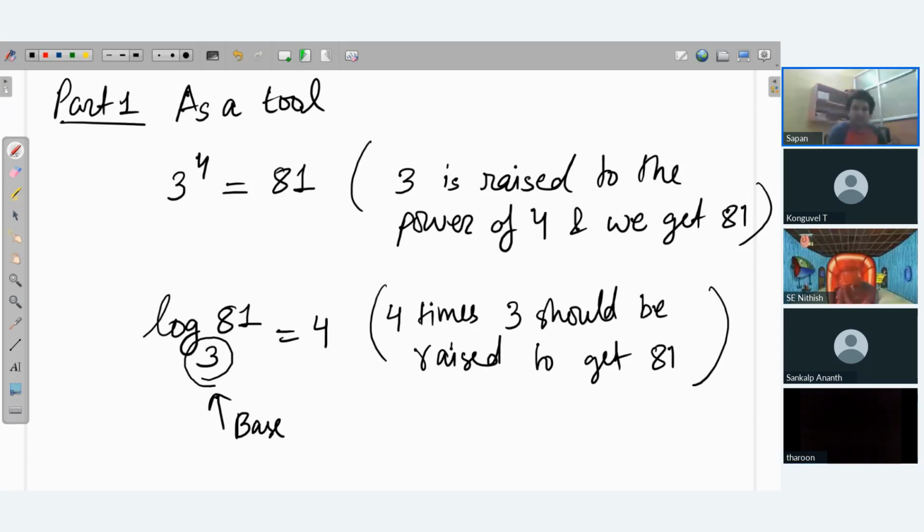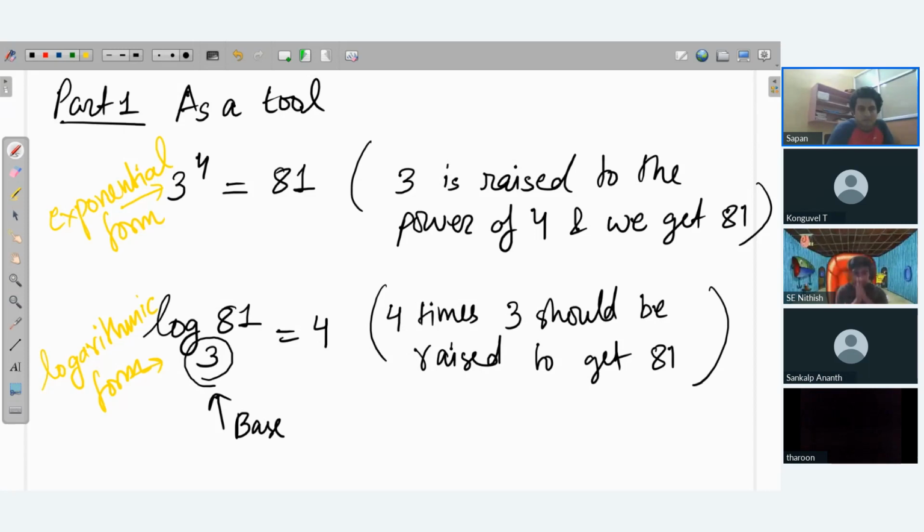So this log is nothing but a different way of writing the same thing. There are advantages to doing this, which we will see accordingly. This form is called exponential form, because there are exponents we are dealing with. And this is called logarithmic form.